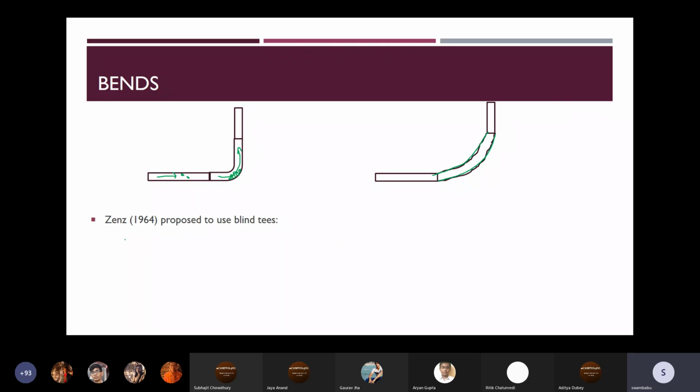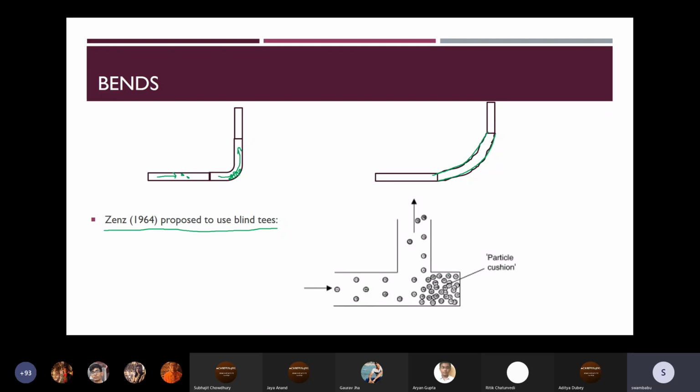But later, Jenge proposed the use of blind tees, especially for solids. Whenever solids are present, he proposed to use blind T joints. What is a blind T joint? You will have an additional cross section, which is closed.